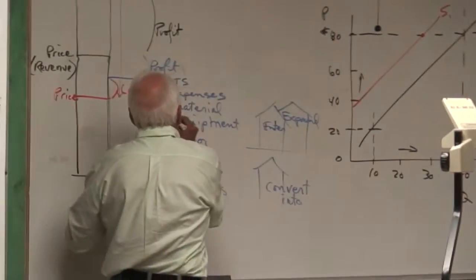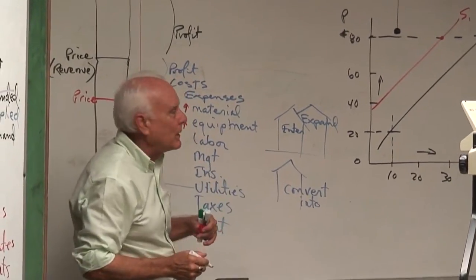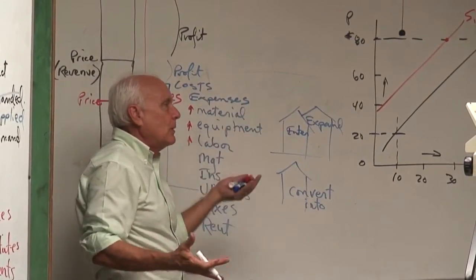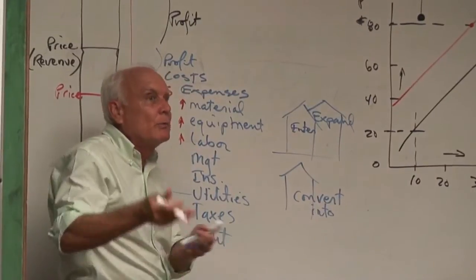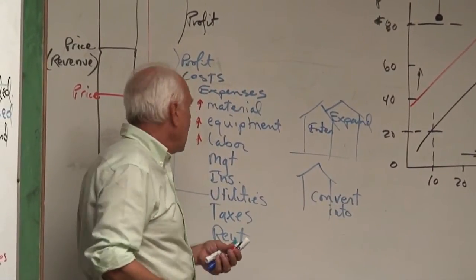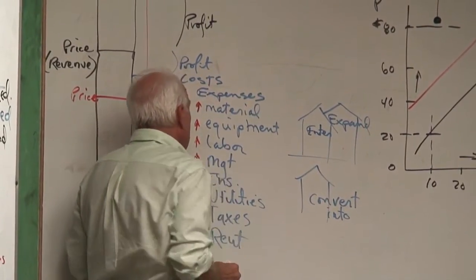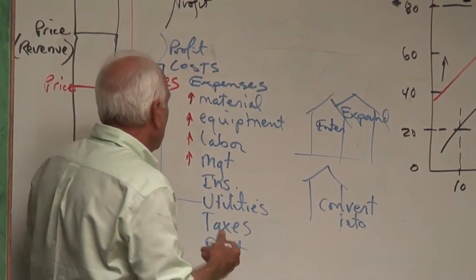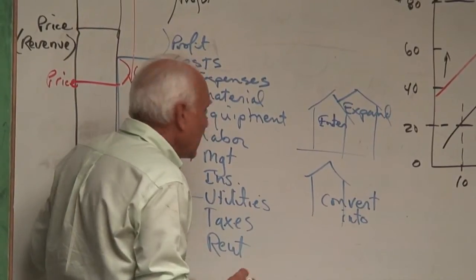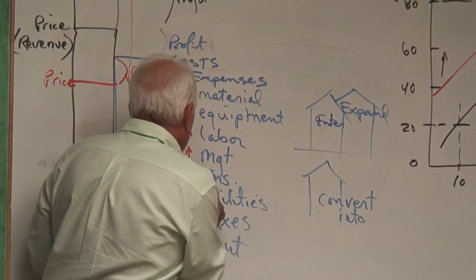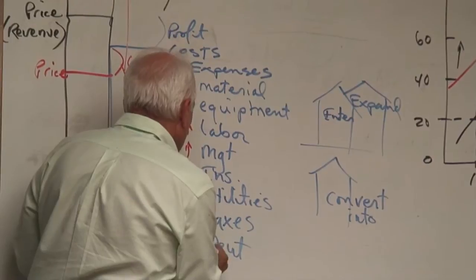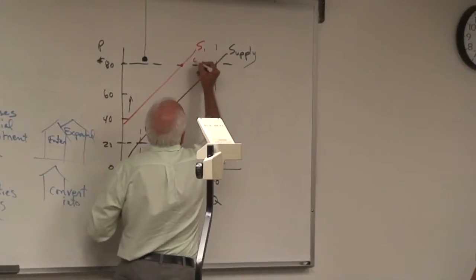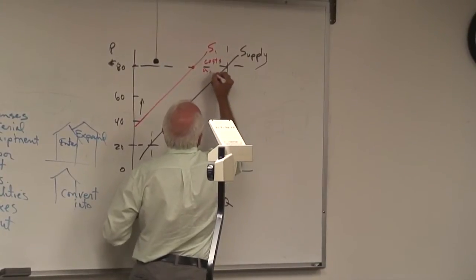Or maybe the price of the equipment that we were getting went up. Or the labor force said, well, we have to be paid more or else we're going to go work for somebody else. The management drops out and you have to hire some new guy, and it takes a more expensive salary to get that person hired. Maybe the insurance rates went up, maybe the utilities went up, maybe your taxes went up, maybe your rent went up. Any one of these things can say that your costs are up.